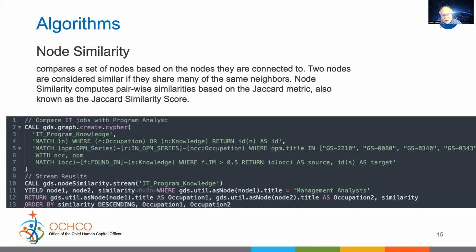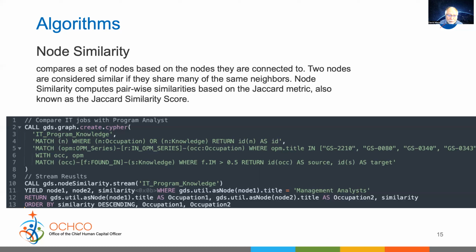In this particular case, I'm creating what's called a Cypher projection, or basically I'm taking a subset of the graph out and putting it into memory so that I can play around with it. I pulled out various occupations that are IT or technical type occupations within the government.